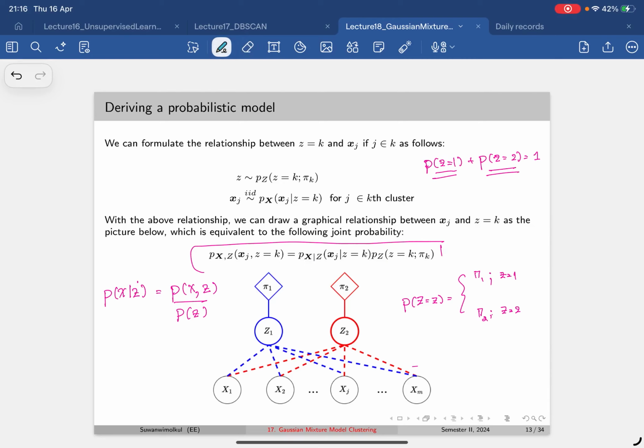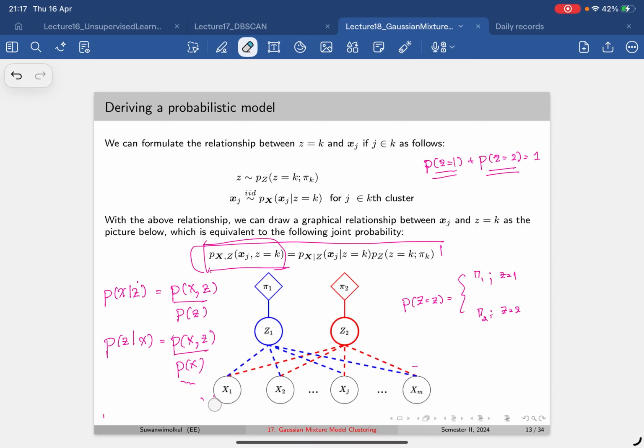What if you want probability of z given x then? Same, right? Probability of x joined with z, over probability of x. But to get that probability of x, you have to marginalize that joint probability.